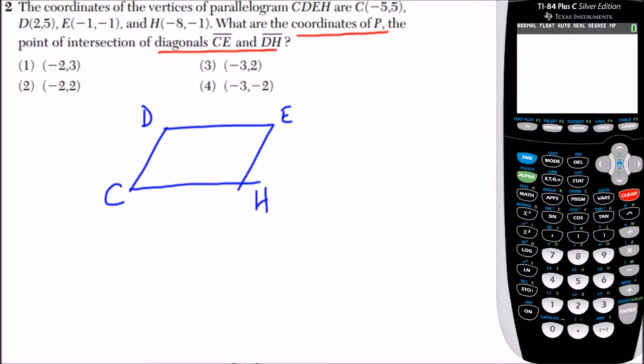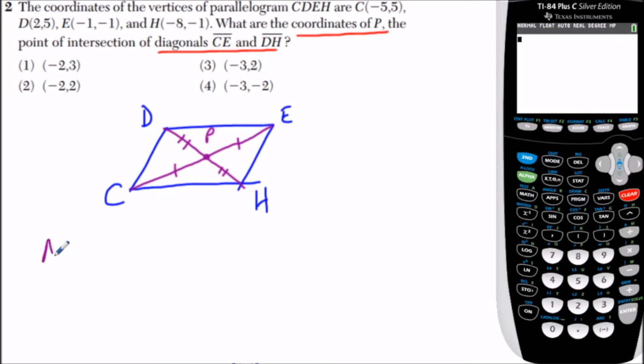One of the major ideas that you need to know about parallelograms is that the diagonals, when they intersect, bisect each other. So P, wherever it is, is going to separate the diagonals into 2 congruent segments for each of them. So that means P is the midpoint of CE and DH.